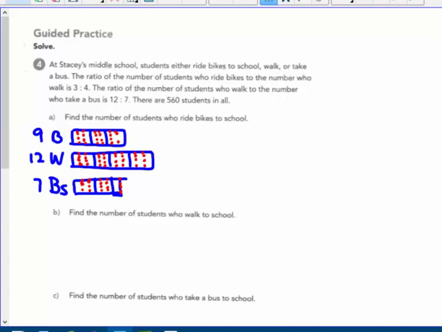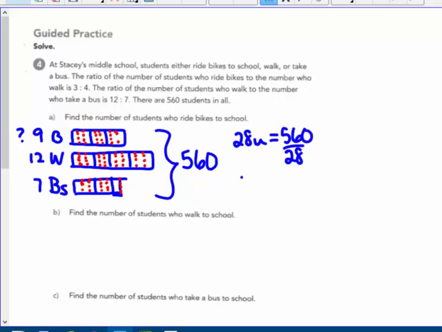Find the number of students who ride bikes to school. There are 560 students in all. So altogether I have 28, 9, 12, and 7. If I take 28 units equals that 560, and divide by 28, I get a unit equals 20. And 20 times 9 is 180.